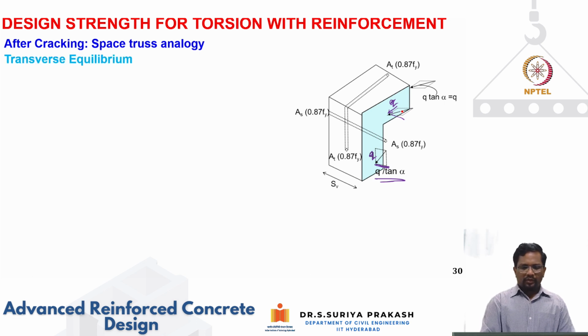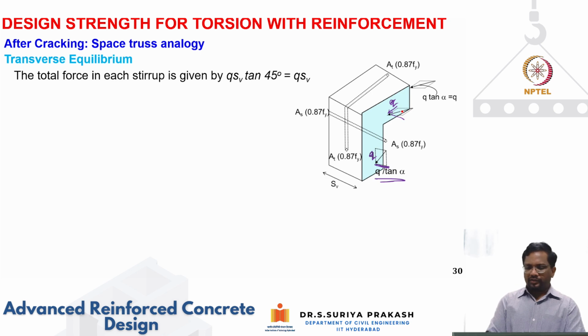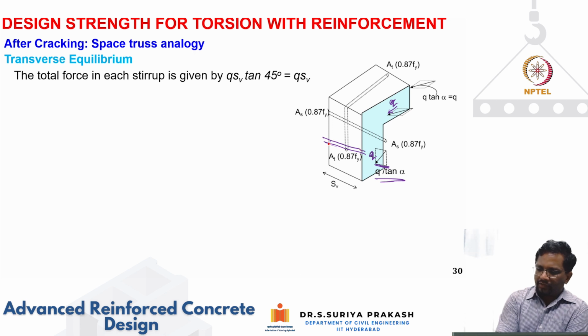Right? So if I look at the transverse equilibrium and the shear flow at any point, let's say I take a small unit length like this, then whatever Q is acting in the vertical direction, the force will be Q into Sv multiplied by tan alpha. Anyway, it is 45 degrees, so it will become Q into Sv.